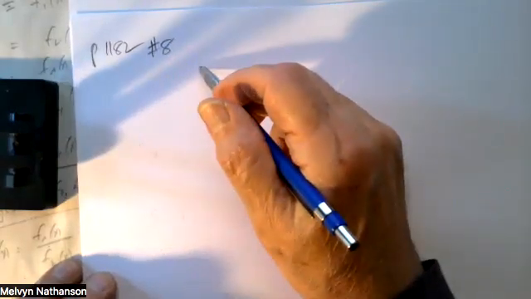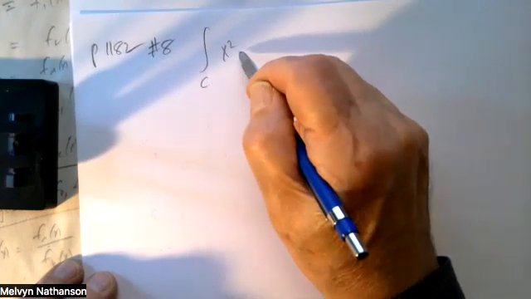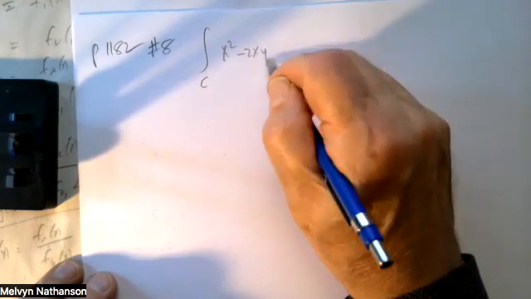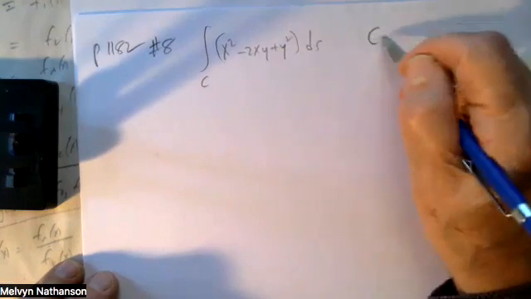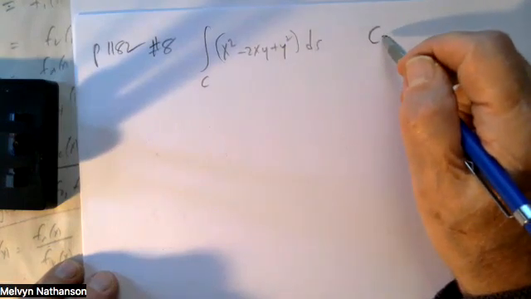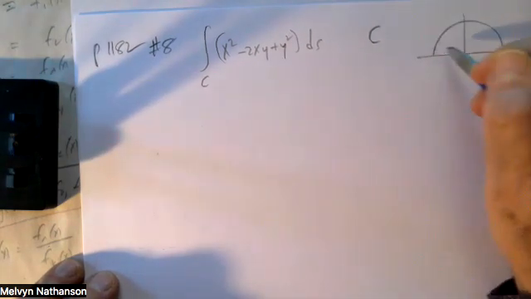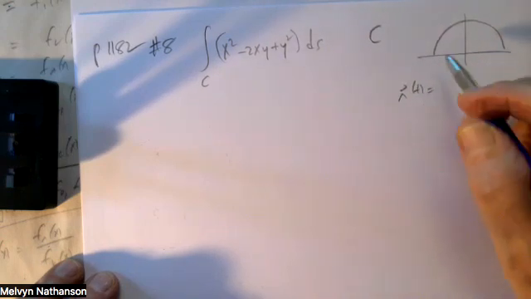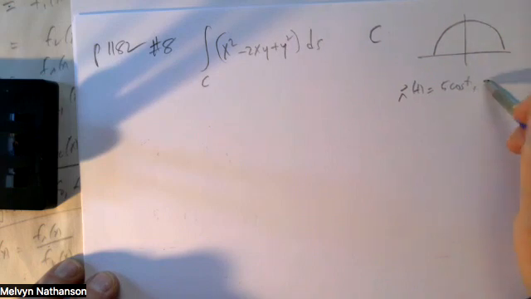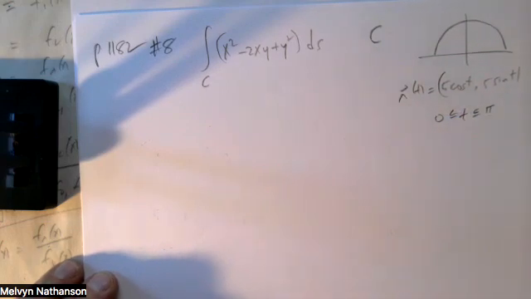number 8, which is to integrate around a certain curve C, x squared minus 2xy plus y squared ds, where C is the upper half of the circle given by r of t equals 5 cosine t, 5 sine t for t between 0 and pi.